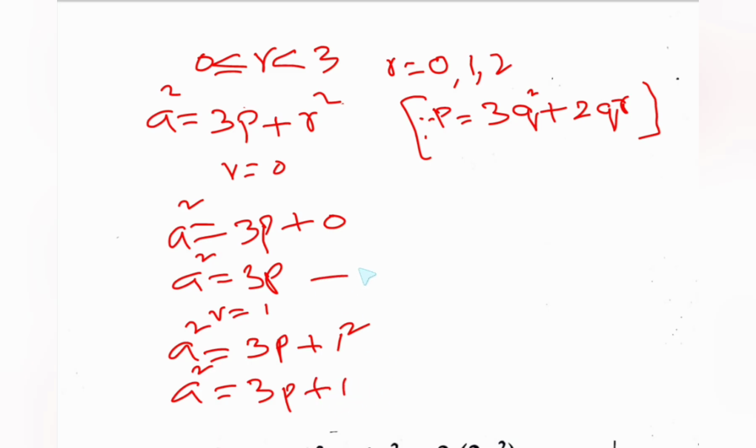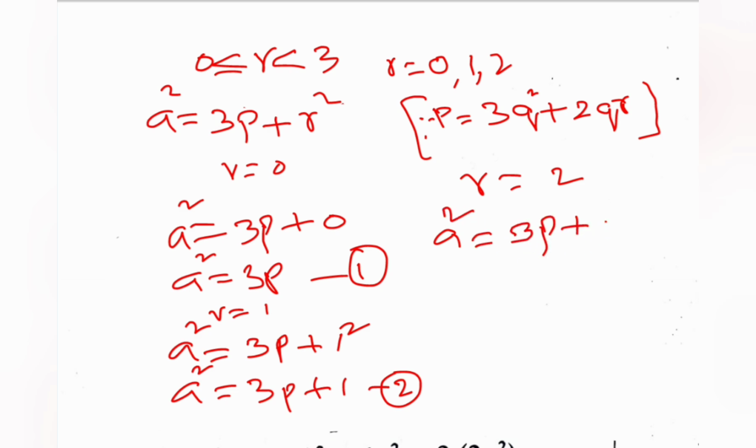This is number 1, this is number 2. And substitute the value r is equal to 2, then a square is equal to 3p plus 2 square.